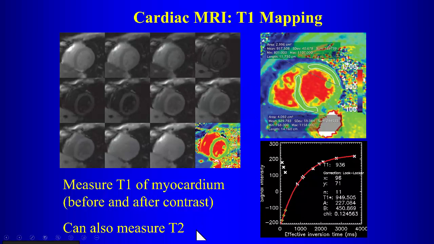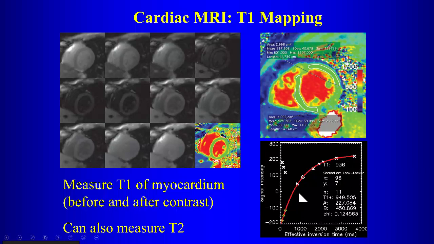You can also measure the T2 if you want. Although for the most part, it is native T1, or the T1 of the myocardium before giving contrast, that is usually clinically used or becoming clinically used to look for diffuse myocardial abnormalities.